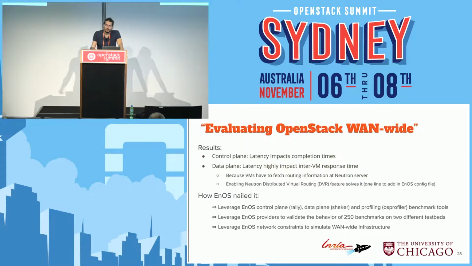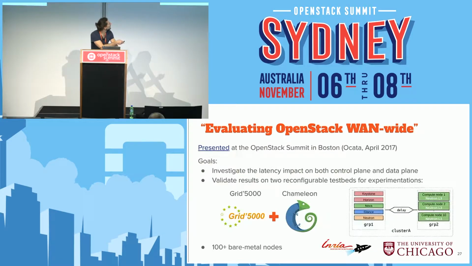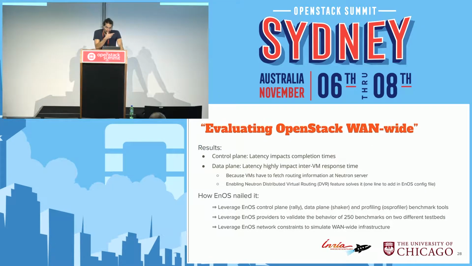It's because VMs of different networks need to fetch the routes, which are at the Neutron server, which is in the control node. So to solve this problem, it required activating a feature of Neutron called DVR, which solved the problem. And to do it in EnOS, it just needs a single line added in the configuration file.